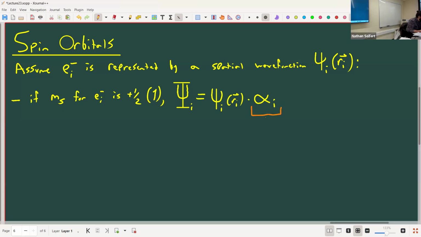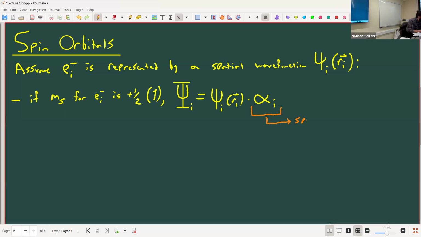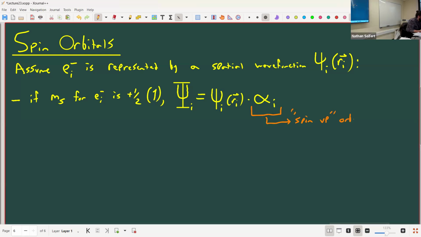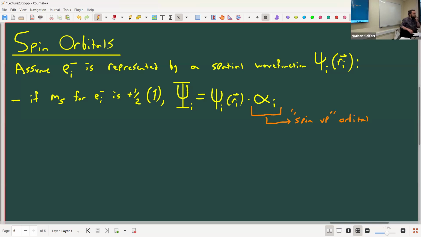This is our spin up orbital, call it alpha. So if it's a spin up electron, we just have this additional function we multiply that we call alpha. Alpha means spin up. That's all it means. It's just a labeling. It says that the ith electron is spin up.